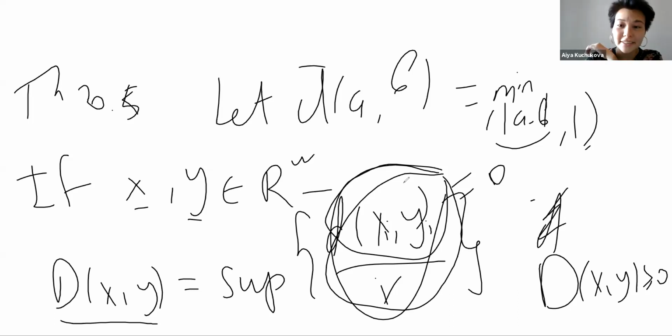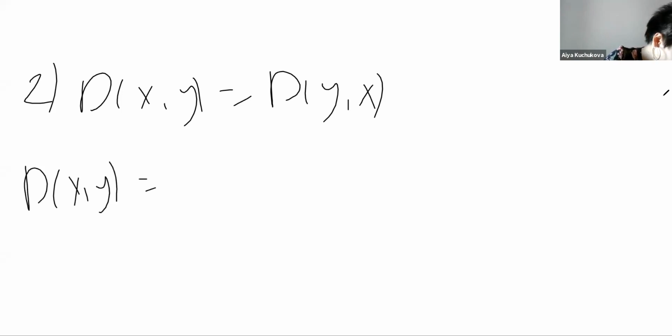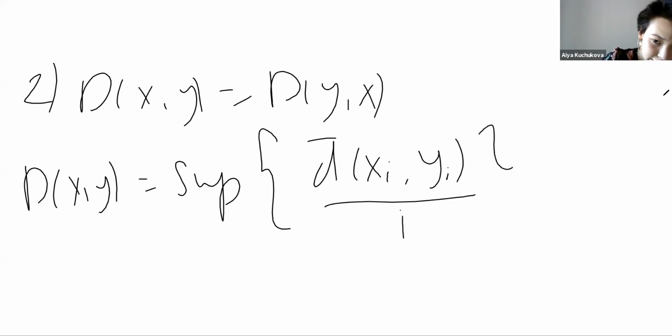Okay, great. So if we understand this first property, let's go to the second property. The second property was that d(x,y) is equal to d(y,x), right? So how do we show it? Well, let's recall again what our definition is so we don't forget it. Supremum of d bar(x_i, y_i) divided by i.